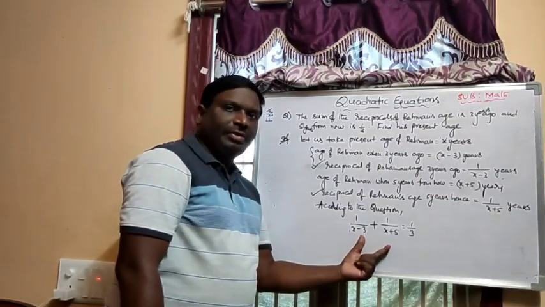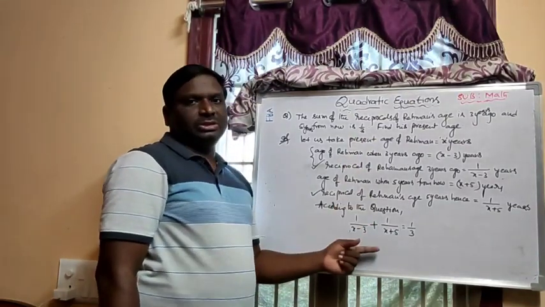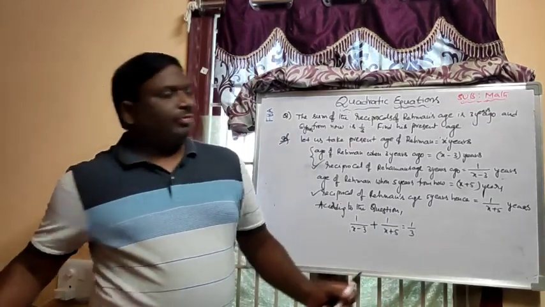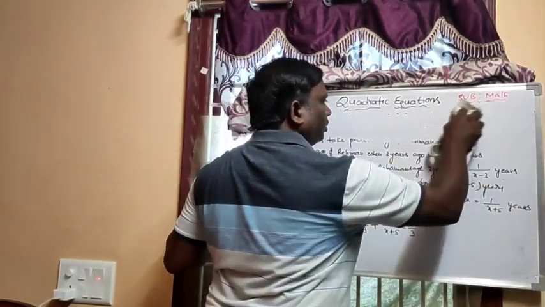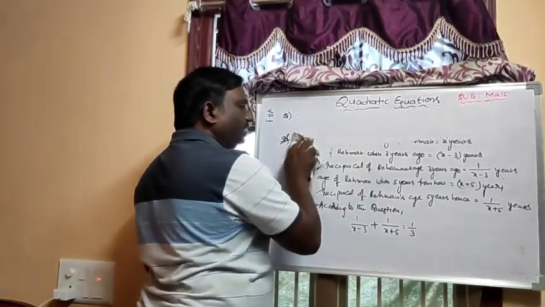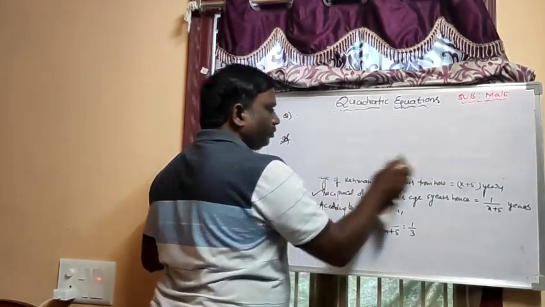This is the framing of the equation by using the statements. Statements are very, very important; you need to write the statements also. Because space is not sufficient, I am erasing here.